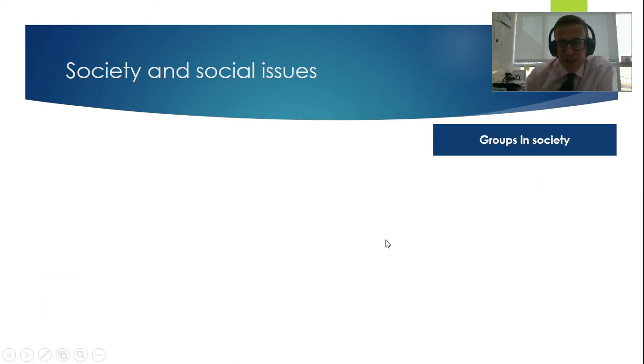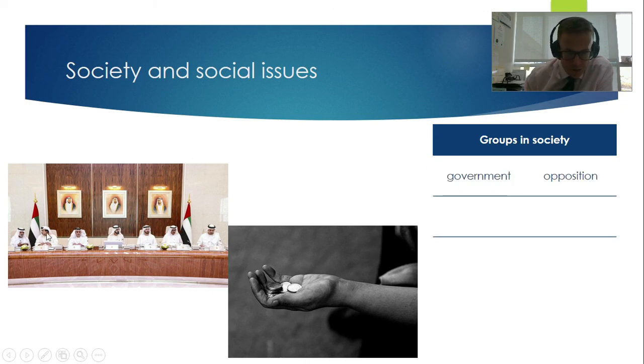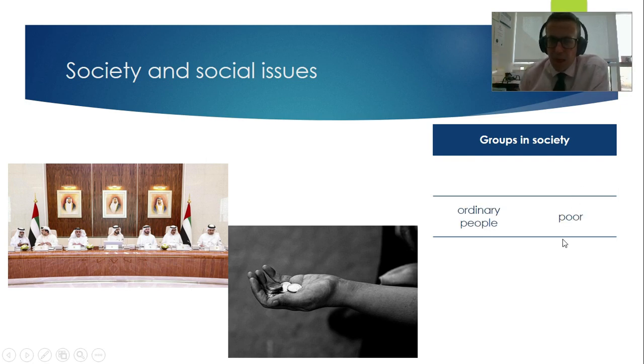Groups in society. So here's two examples of groups we have. You have the government, which is the people who make the decisions in this picture. The opposition. So the opposition is when you have another group of people who argue against the government. Ordinary people. These are people who aren't the people who make the decisions.